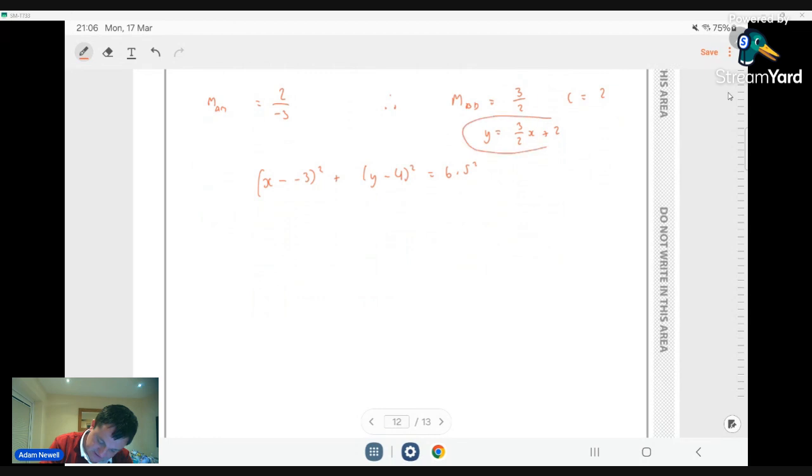So we've got two equations, this one and the one I'm about to make now. So that's x plus 3 squared plus y take away 4 squared.